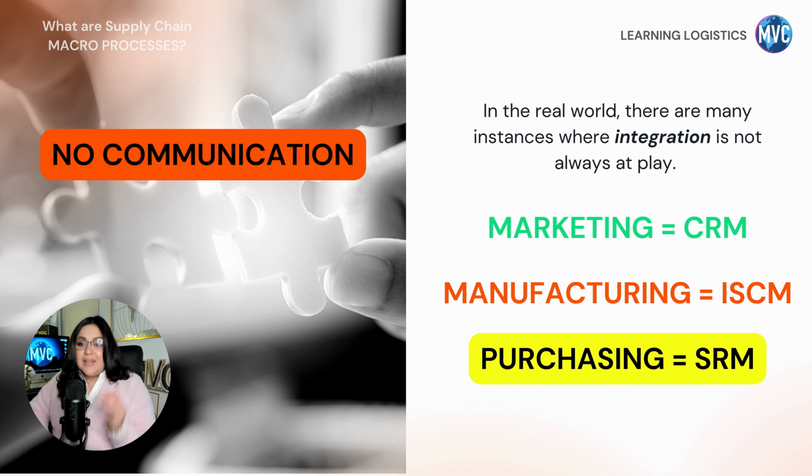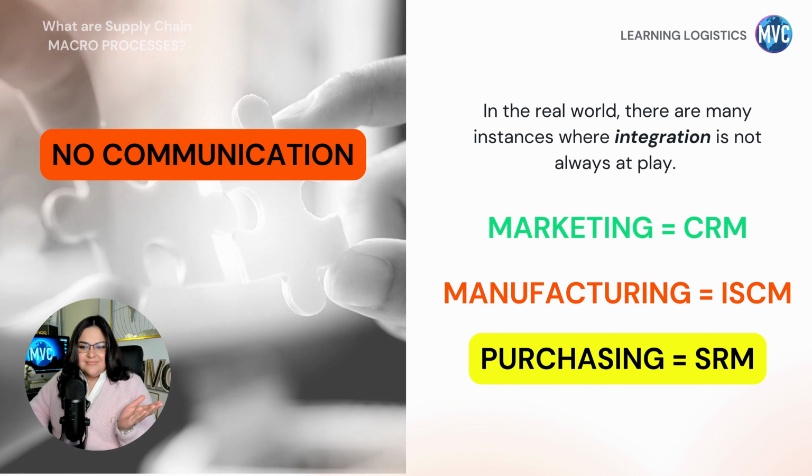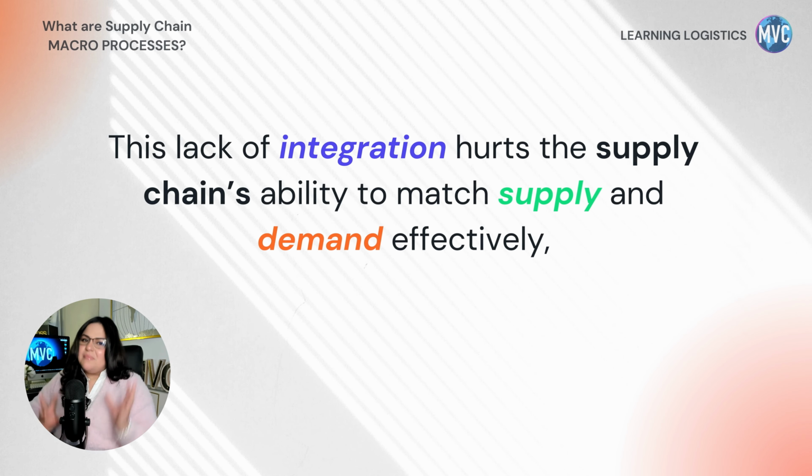So why not work together and integrate these efforts in a way that makes sense for the company and for the customer that the company is looking to fulfill their need or their demand, right? This is all to just make the point of why integration is important, and a lack of integration really hurts the supply chain's ability to match supply and demand effectively. This leads to customers who are dissatisfied and also to higher costs.